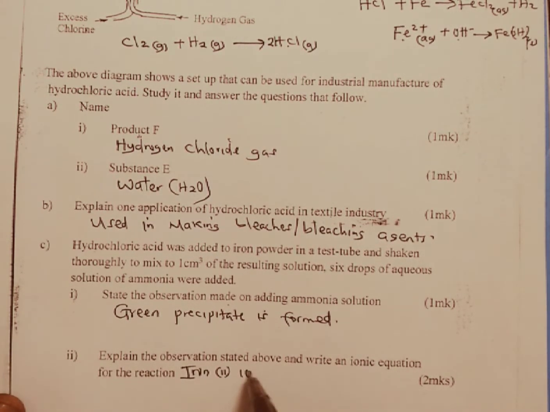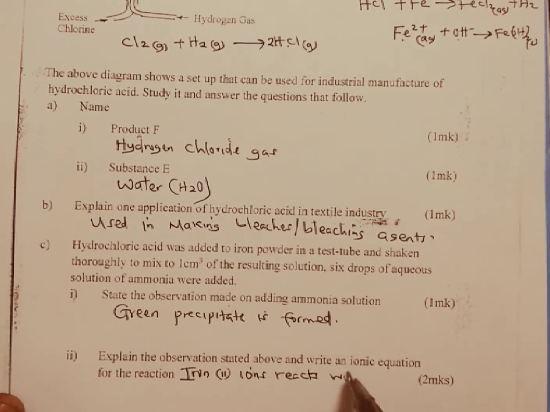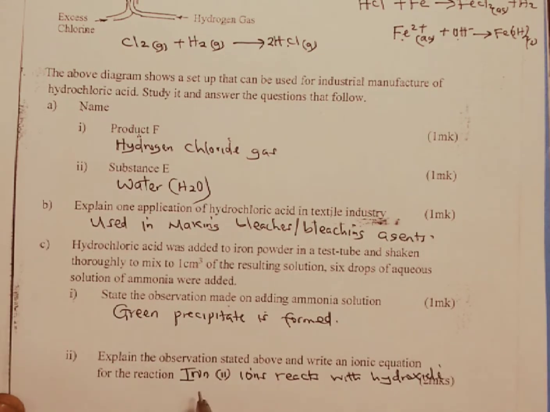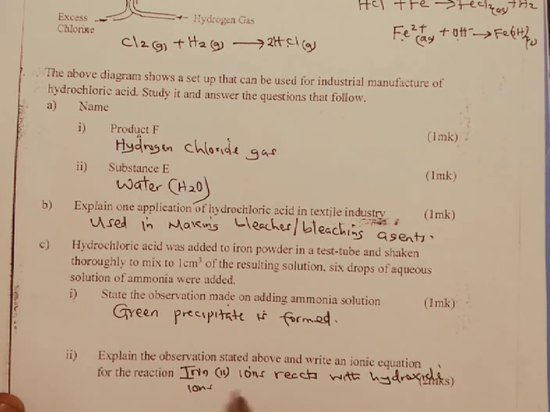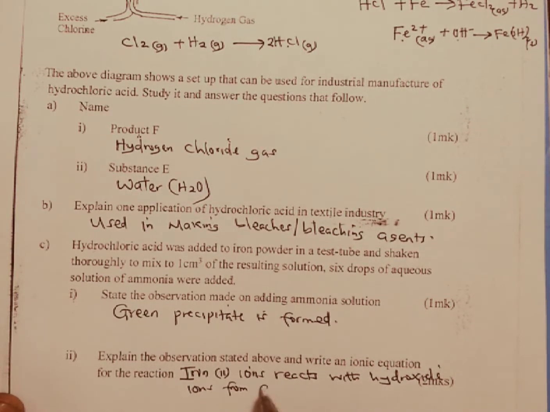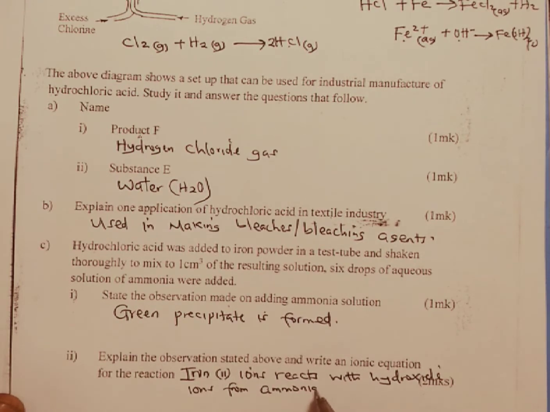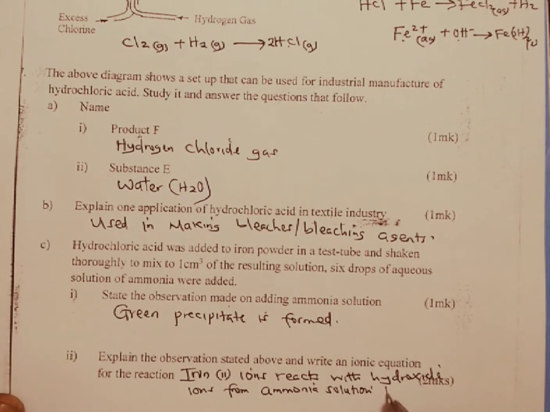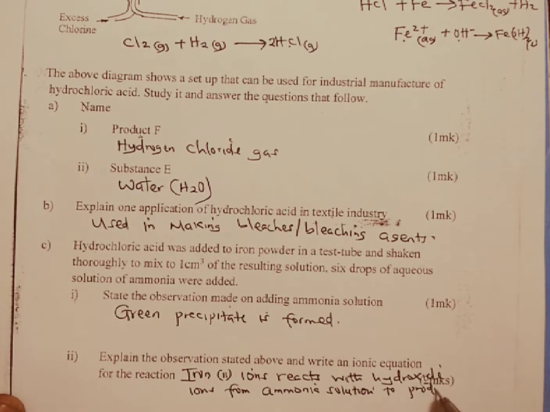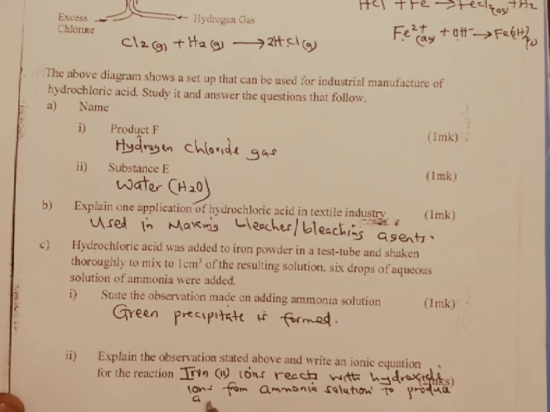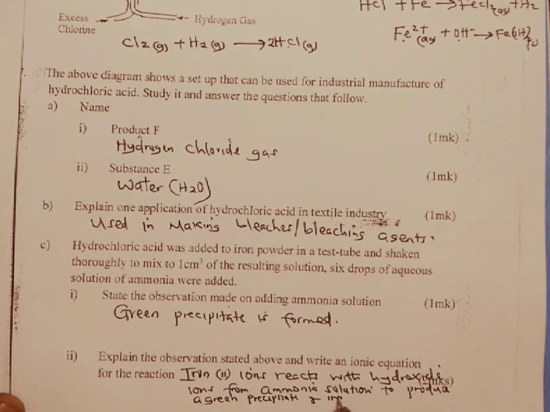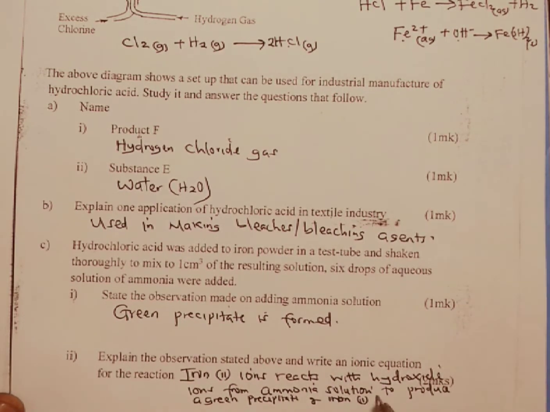Iron 2 ions react with hydroxide ions from ammonia solution to produce a green precipitate of iron 2 hydroxide.